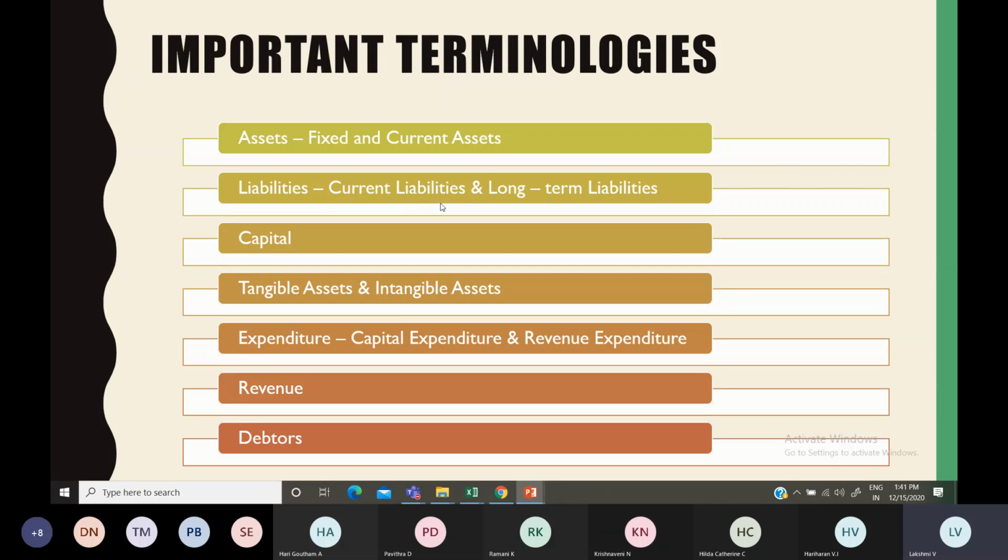Sometimes I might get goods or some raw materials on credit basis from suppliers. If I want to do business, I require inputs to produce the product. So the basic raw material, everything will be purchased by me.